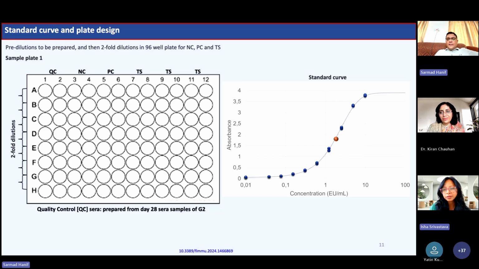Answering the first question: if you know that your indirect ELISA works well for one antigen, it doesn't mean that it will work for other vaccine antigens. So you have to have all the options on the table. For example, for antigen identification and concentration, you use competitive ELISA.